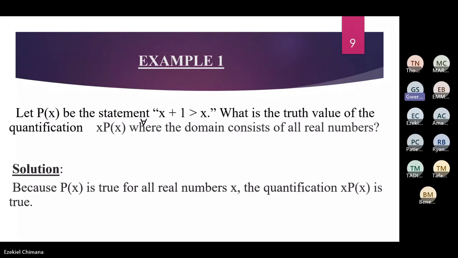Okay, so the example with the universal quantifier, example 1: let P of x be the statement x plus 1 is greater than x. So here we want to see if the values in this set are true or false. What is the truth value of the quantification for all x, P of x, where the domain consists of all real numbers?